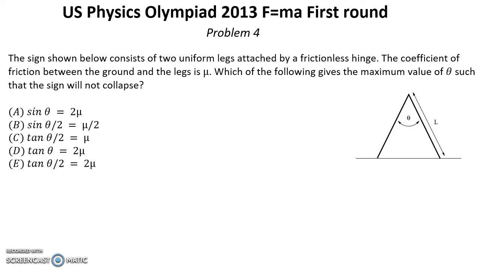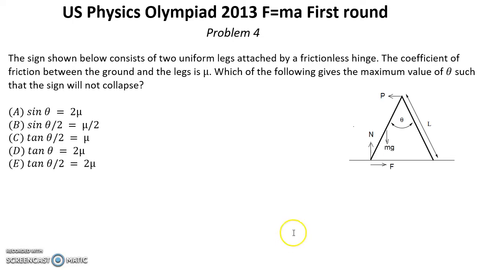Solution. First, let's draw the picture with the forces. I just show forces on left leg. For right leg we have symmetrical forces. So on left leg we have mg, which is applied to the middle of the leg going down.